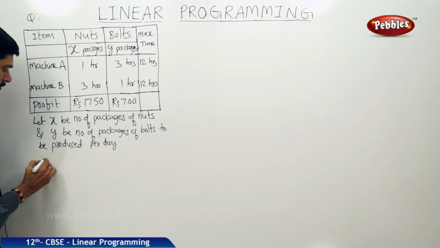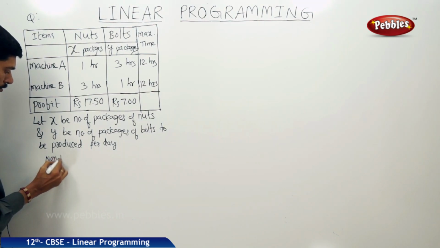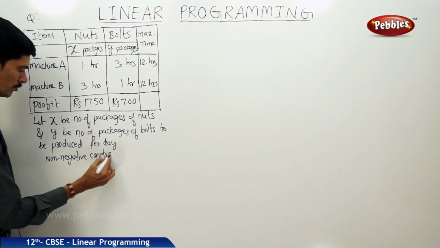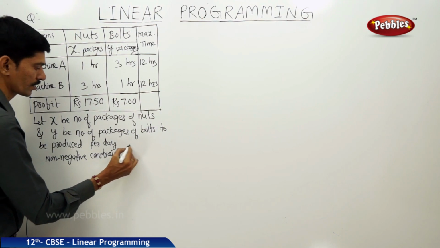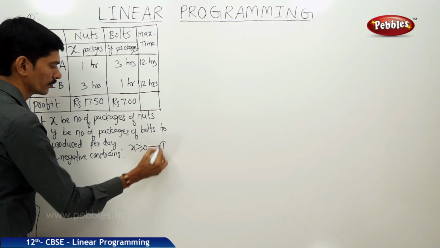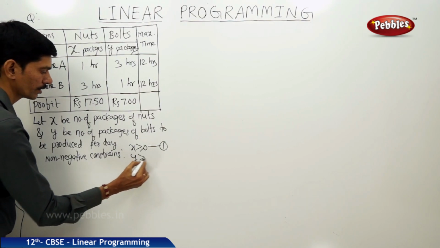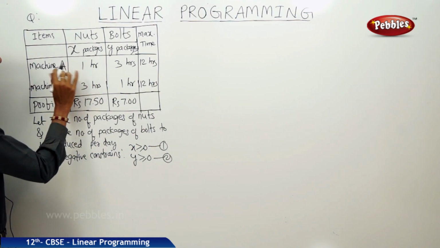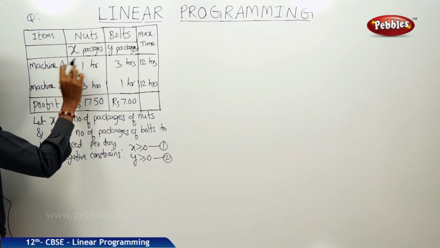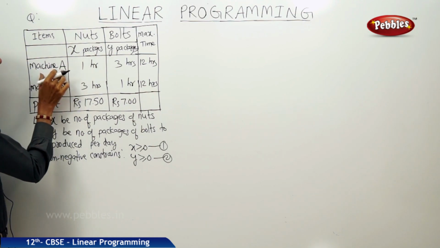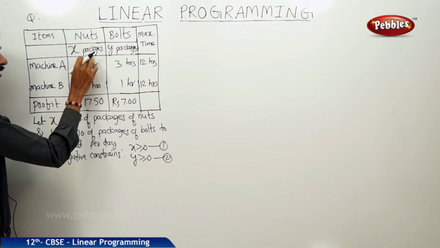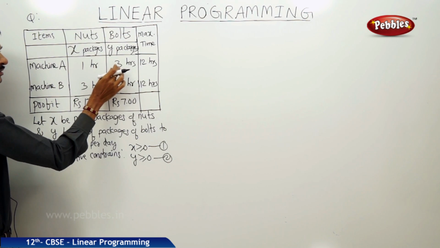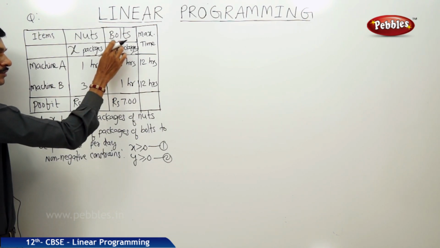Now here the non-negative constraints: X greater than or equal to 0 in equation 1 and Y greater than or equal to 0 in equation 2. And next, he is using machine A 1 hour to produce one package of nuts and he is using machine A 3 hours to produce one package of bolts.